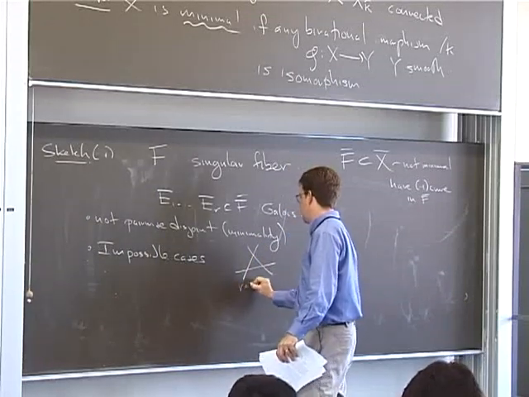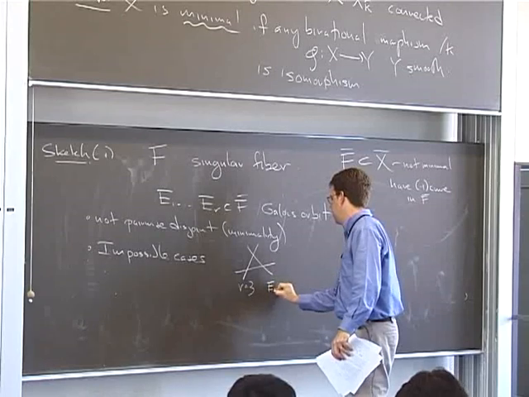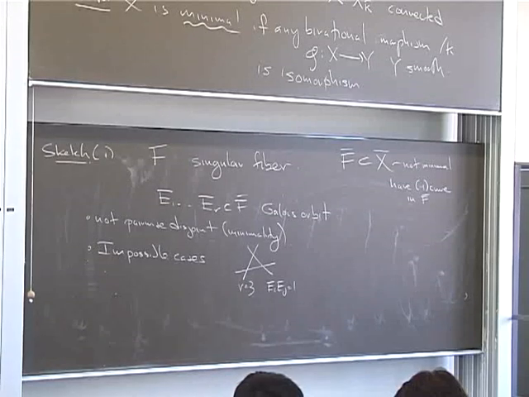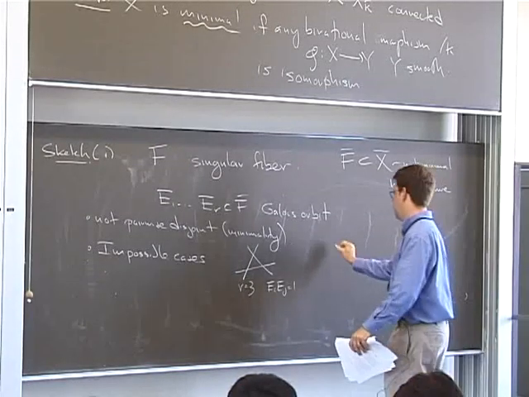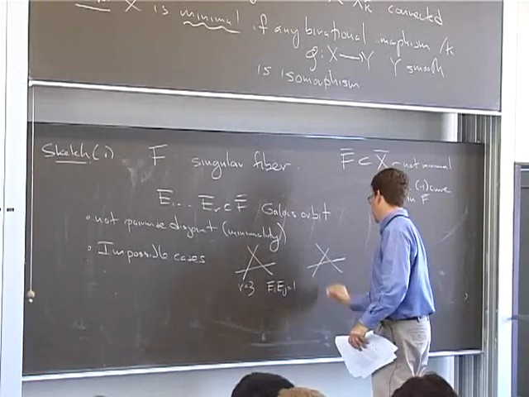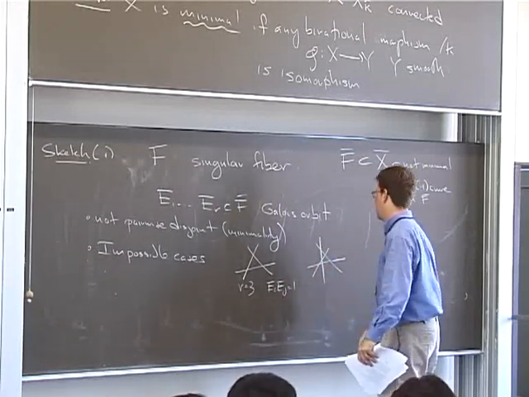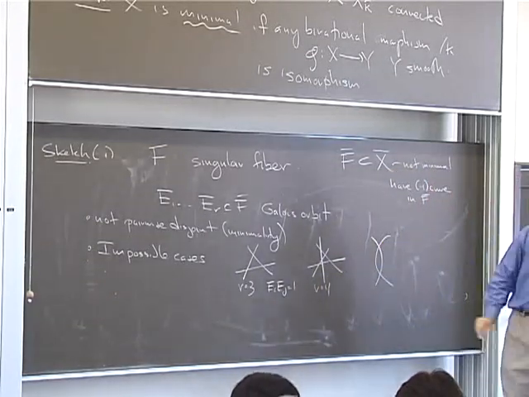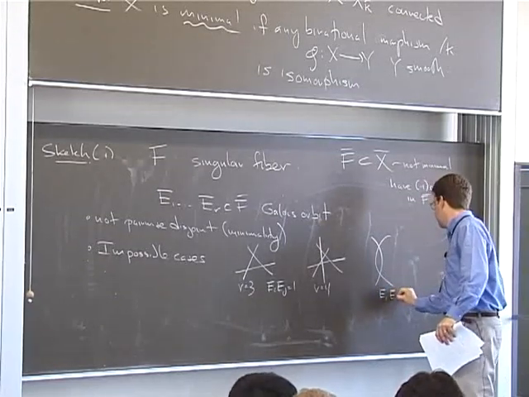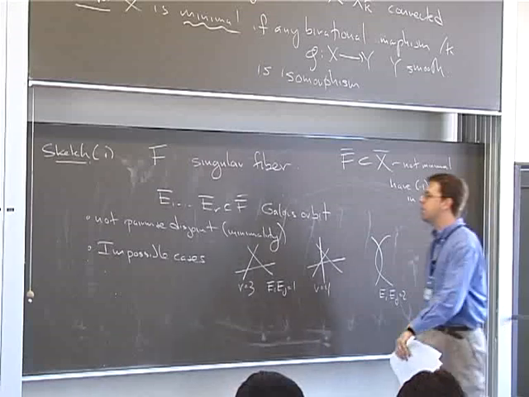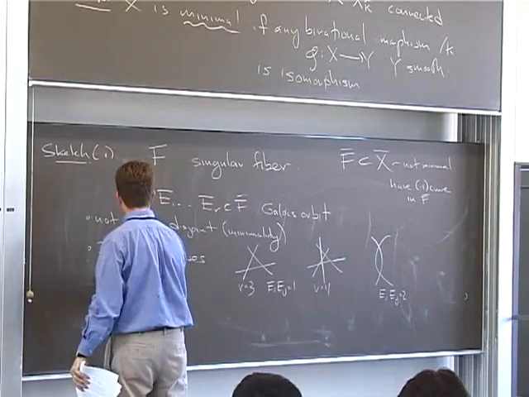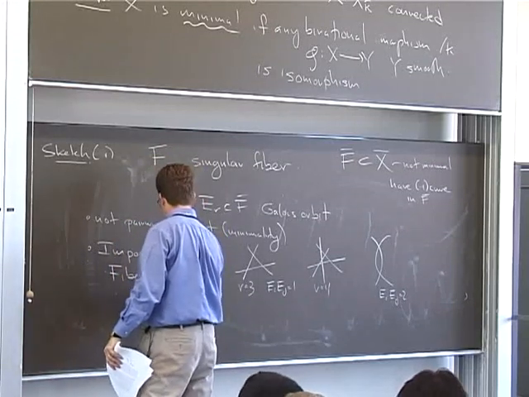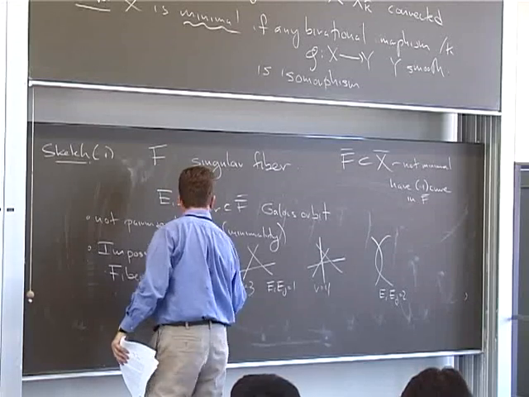I can't have, say, three curves meeting once, right? Because of the genus. Ditto for 4 curves. I can't have 2 curves meeting twice. These are all impossible cases because the fibers have genus 0. So these are not allowed.